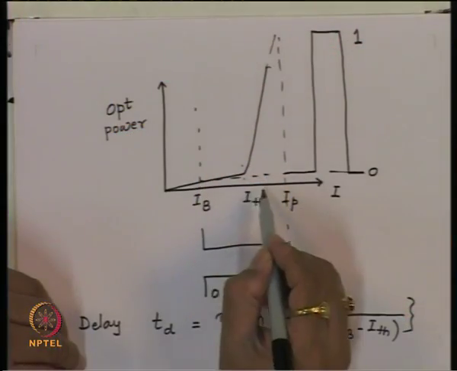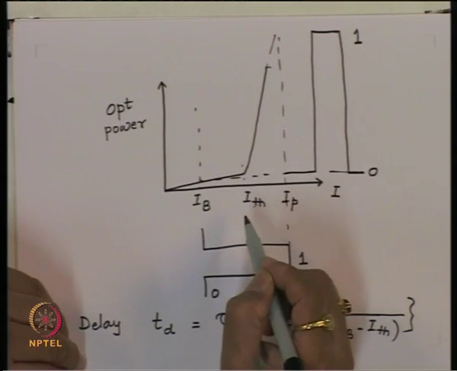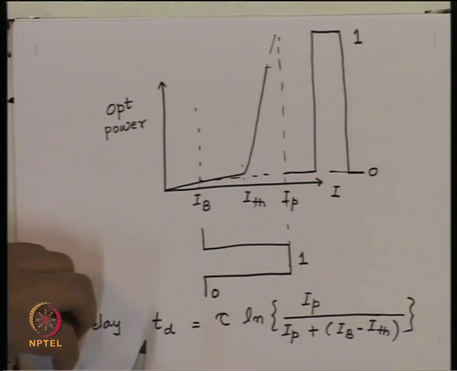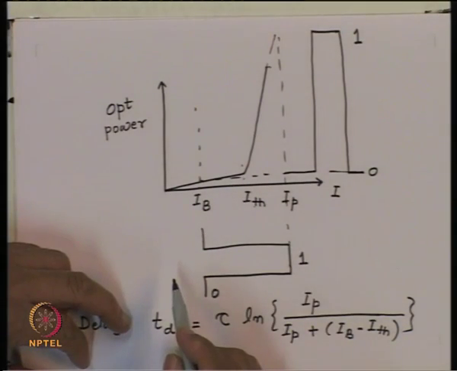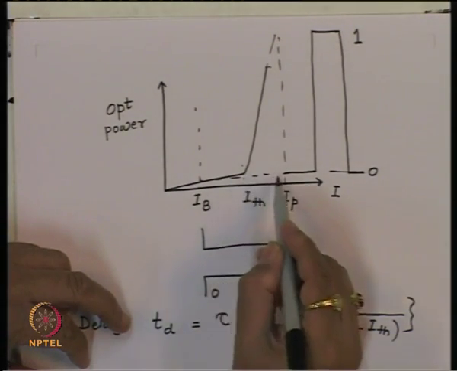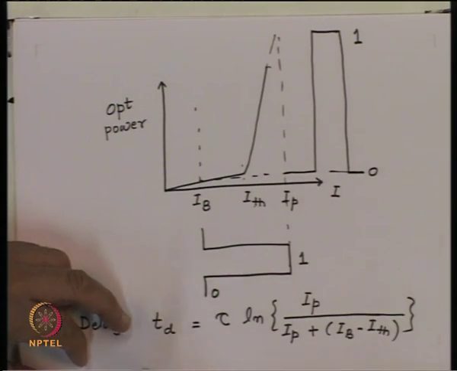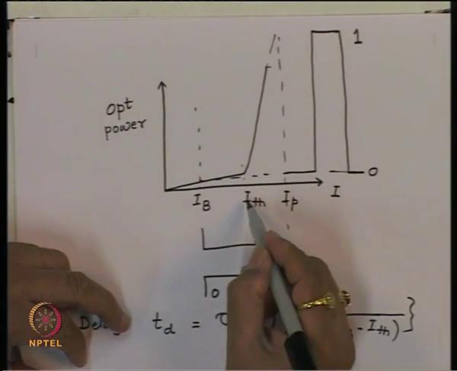Now, if the temperature of the junction increases, the major problem is that the threshold current is rather a strong function of the temperature of the device. So, as the temperature of the junction increases, this threshold current also increases. In fact, there is an exponential relationship between the threshold current and the temperature.